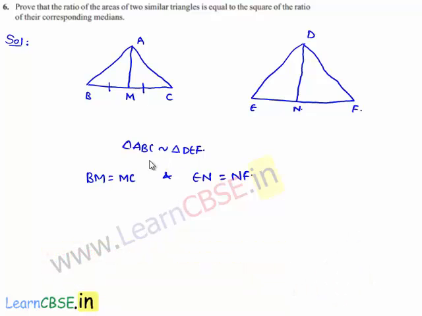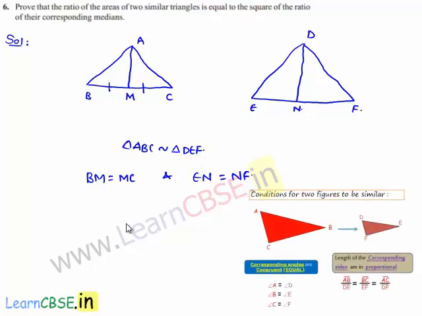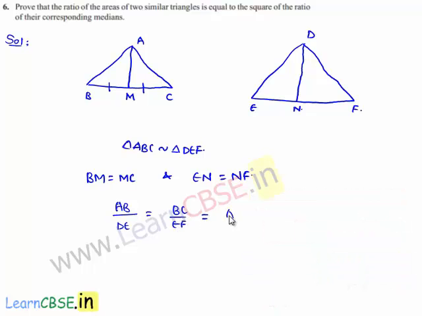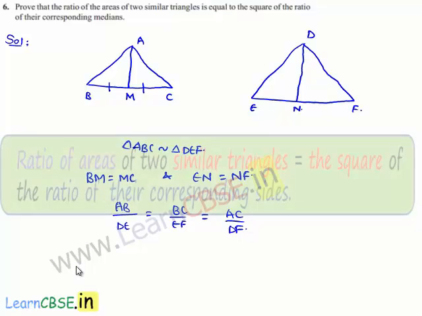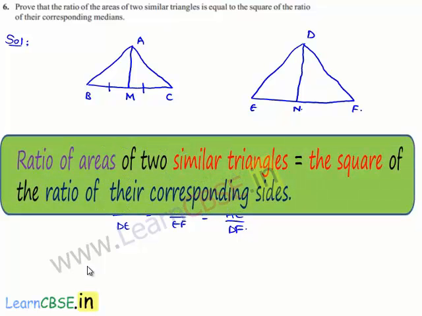Now, as we know that triangle ABC is similar to triangle DEF, then the sides will be in proportion. Therefore, we can write as AB by DE is equal to BC by EF is equal to AC by DF. And we also know that the ratio of area of two similar triangles is equal to square of ratio of its corresponding sides.